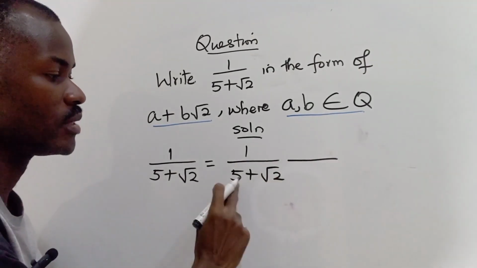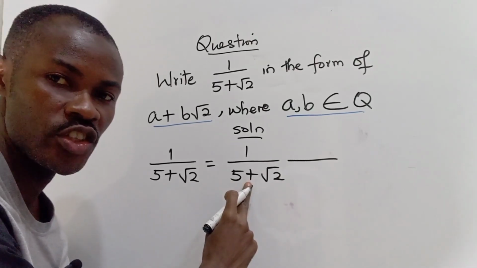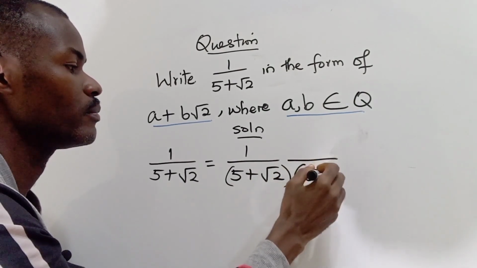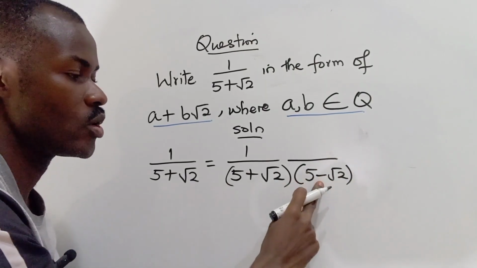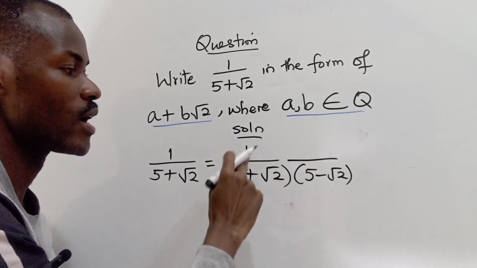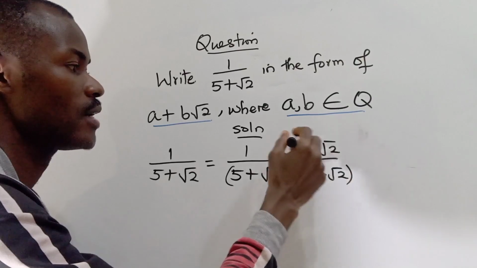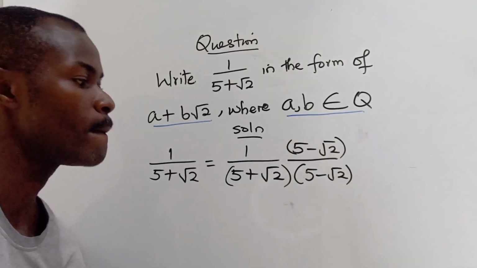The conjugate of this means we are going to use this, but this time changing the plus to a minus. So we have 5 minus root 2. Since we have used this conjugate to multiply this, we'll also have to do it to the numerator, so that it will balance out.